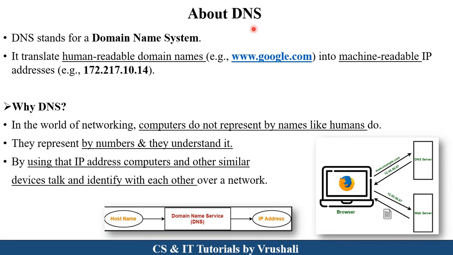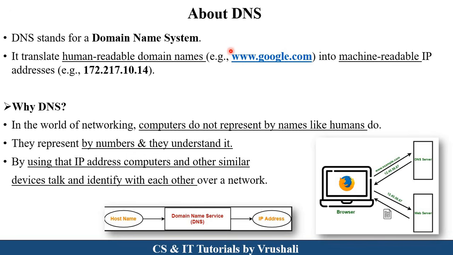Now, the first point is what exactly is DNS? DNS stands for Domain Name System. Let's take an example. Suppose a user wants to search a particular website, for example www.google.com. So this is a human readable domain. But machines understand numbers. They understand binary language, right?